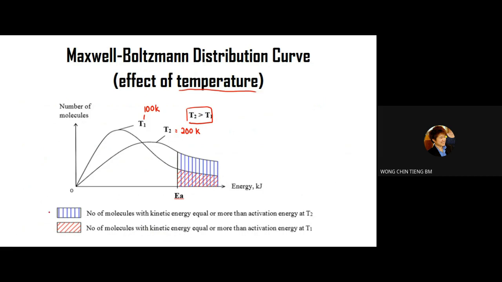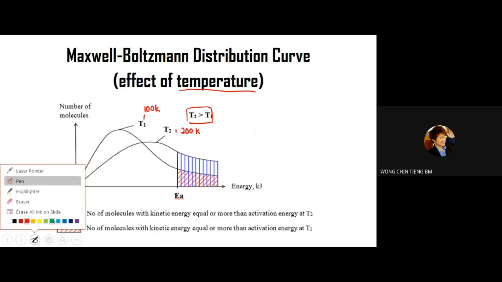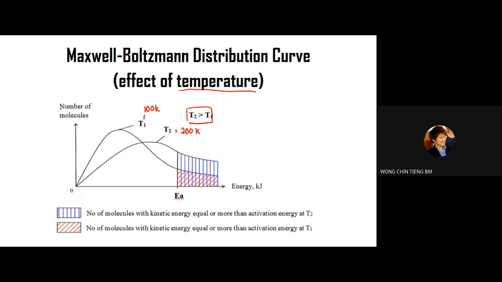So next, we are moving into your graph. Moving into your graph, first and foremost, class, look at the axis. I have number of molecule on your Y. Your X is your energy in kilojoule. Okay? So, number of molecule means the area under the curve. Let's use this one. Katakan yang ni sejuk, T1. T1 saya adalah warna hijau. So, this is my curve of my T1.